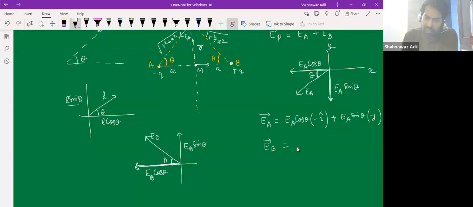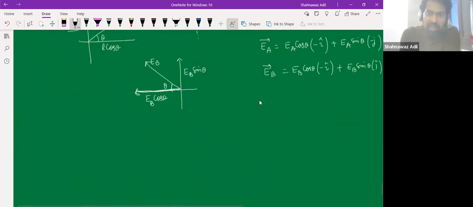Then we can write this as again EB cos theta minus I hat and EB sine theta j hat. Is this part clear, everyone? Arslan and me, is this clear? Yes, sir.